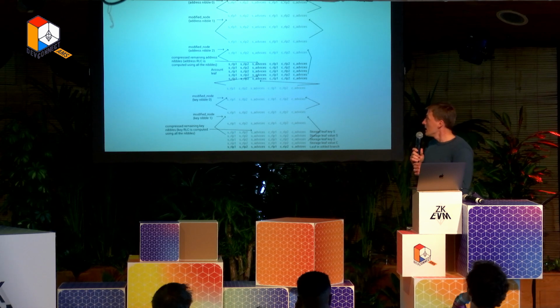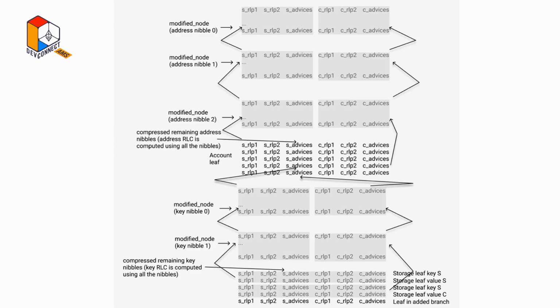In the circuit we actually have two proofs in parallel. On the left side, there is a proof, a kind of read operation: what was the state before the storage modification, and on the right side there is the proof for the state after the storage operation.